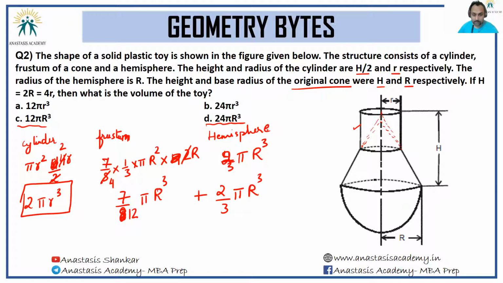Capital R into small r will give me 8r cube here and 8r cube here. Okay. So pi 8r cube, if I take out common, I'm left with 7 by 12 plus 2 by 3. 2 by 3, so 4 times, so I will get 15 by 12 here overall.